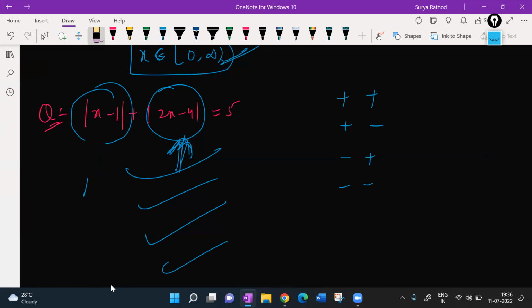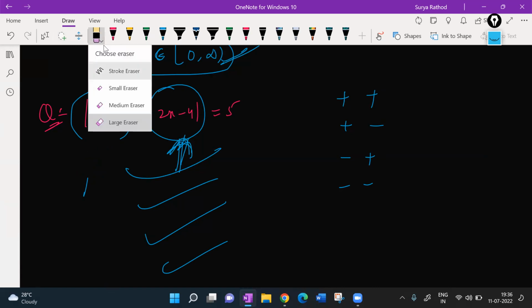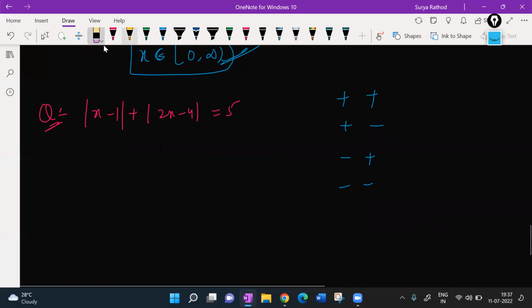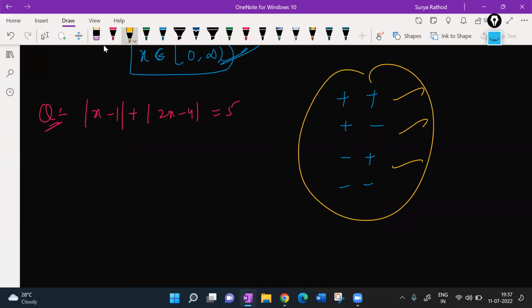You'll be taking 4 cases, and in 4 different cases you'll get 4 different answers. Then I'll substitute the values I got back into the original function and verify whether they satisfy the given equation or not.